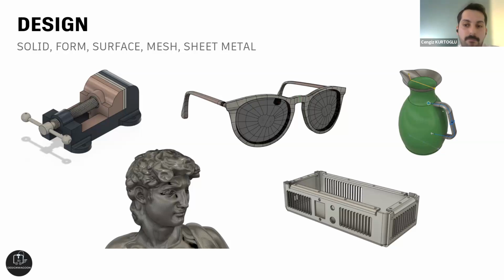After that, you can manufacture it, because automotive parts or different types of manufacturing software need a surface model. Also, in later years, there are 3D scanners that create 3D models directly as a mesh.